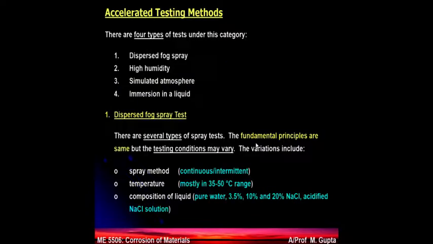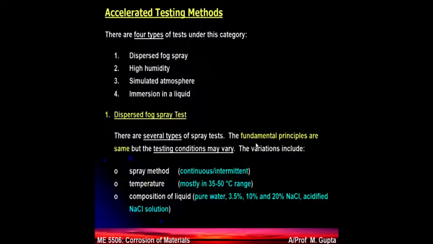We cannot afford to wait a long time to understand the corrosion behavior. So what people do is they come out with some accelerated method in which they run the corrosion test for a short period of time, extrapolate the data, and then come out with a long-range prediction, which normally is reasonably accurate but may not be accurate. So that chance you have to take.